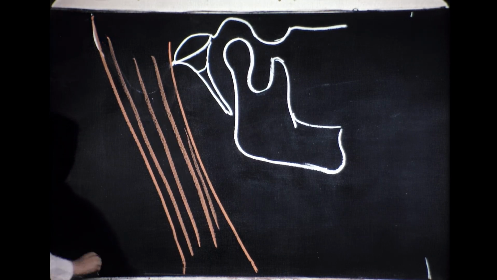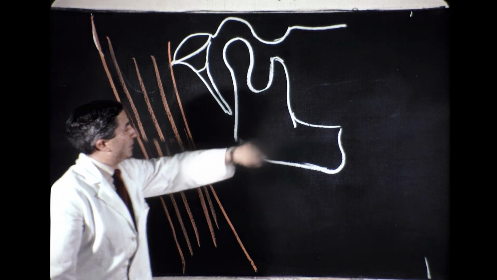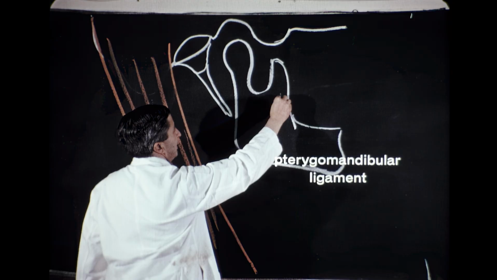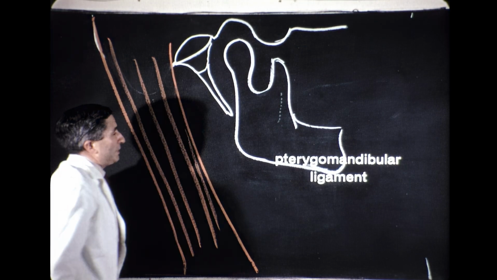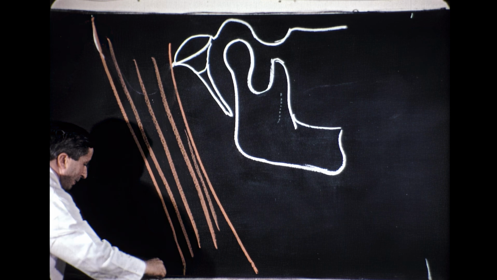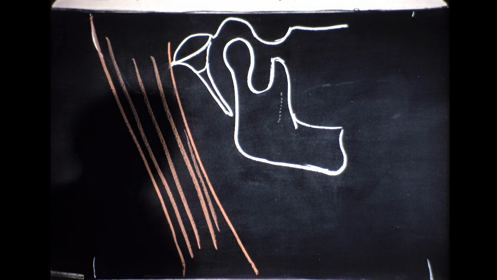Now, coming down on the inner surface of the mandible from the medial pterygoid plate is the pterygomandibular ligament, and I'm just going to indicate its position through a sort of transparent ramus of the mandible. And we can show, coming off the front of this pterygomandibular ligament, the buccinator muscle.